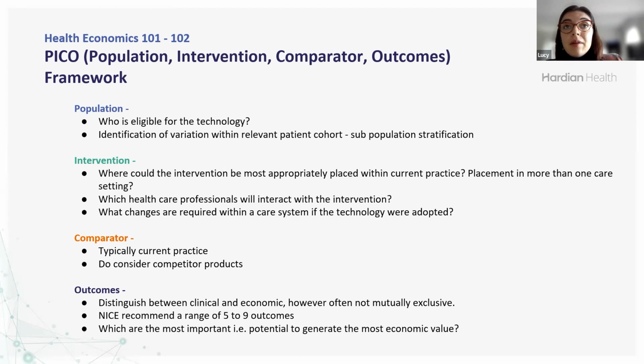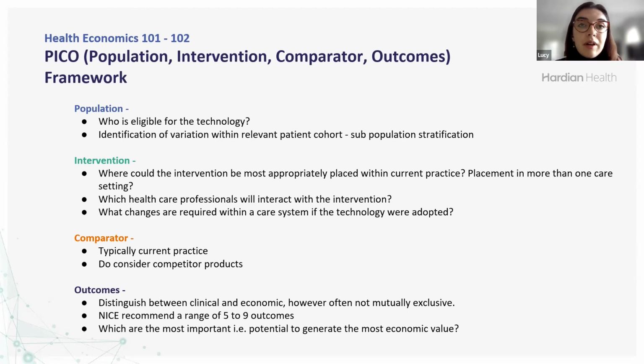And then in terms of the comparator, typically the comparator scenario for most technologies at the minute is standard of care, just because no AI technology yet has formally been procured, at least in the UK anyway. So more often than not, we are just comparing to standard of care.